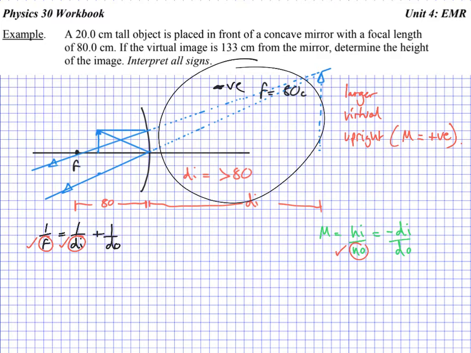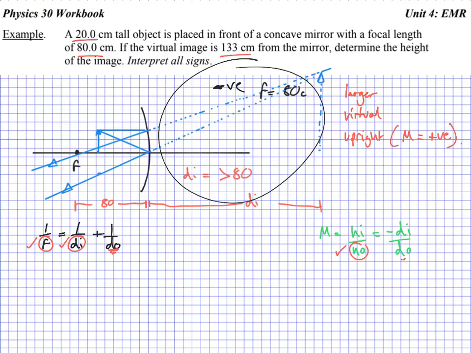So height of the object, focal point, and di. That's the only thing I know. So clearly what I need to be doing here is solving for do, and then that will bring me over here where I can now get the height of the image.